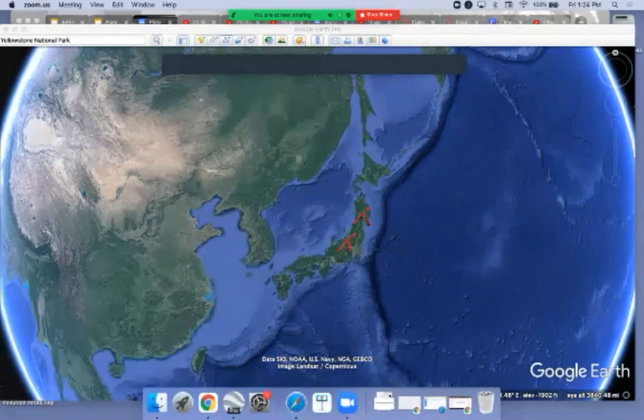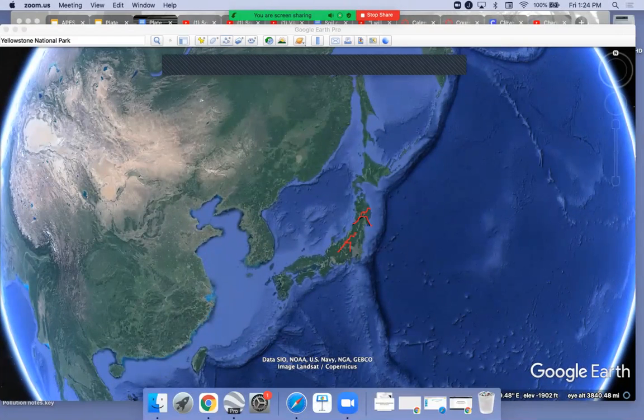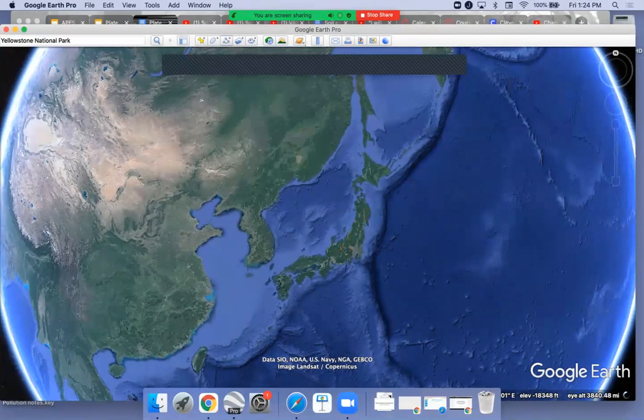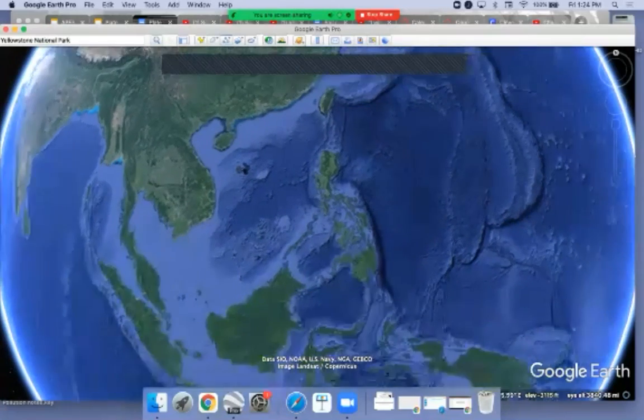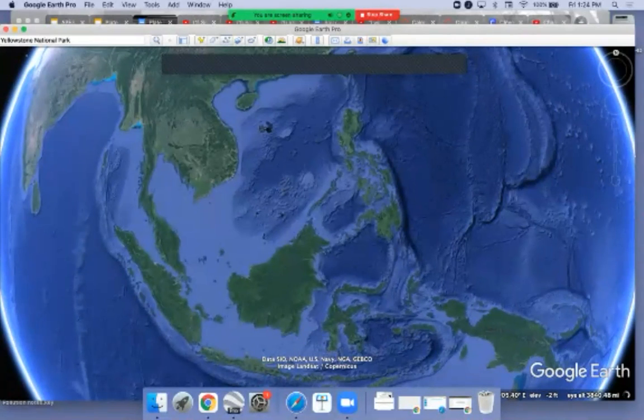Okay. So the only difference here really is the formation of the island chain. And so when we talk about ocean to ocean collisions, one of your biggest clues that there's two oceans interacting there is the presence of that island chain. If you move up and down, kind of north to south here from Japan, you will see the presence of several of these ocean trenches, and you'll see the presence of lots of different island chains all the way through the Philippines, all the way down into Indonesia.